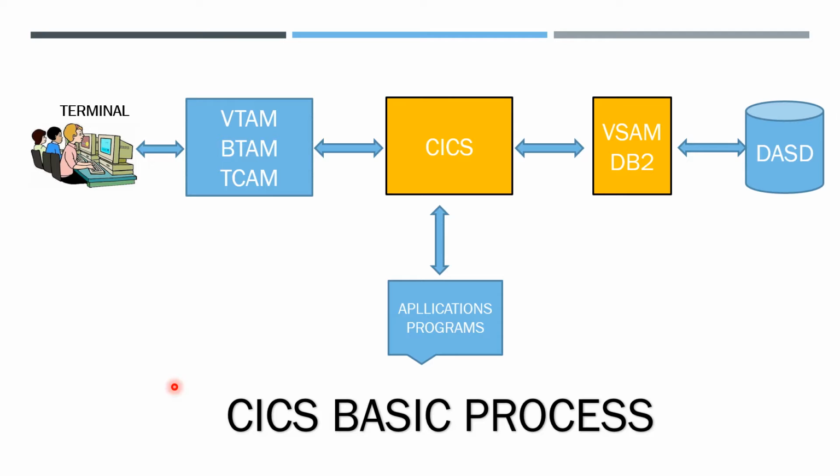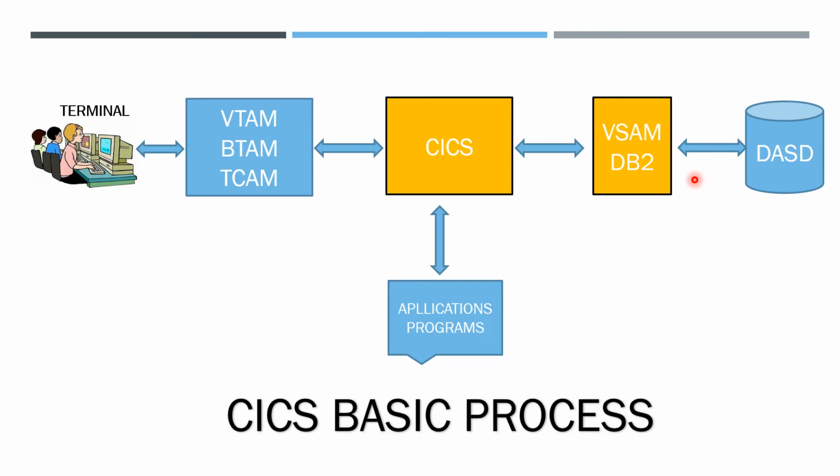Firstly, from the front end, the user makes the transaction. In CICS, the transaction is processed. If the transaction is about to invoke an application, the application will be brought up and run. If the transaction is about to access data, the request is given to DASD or DB2.